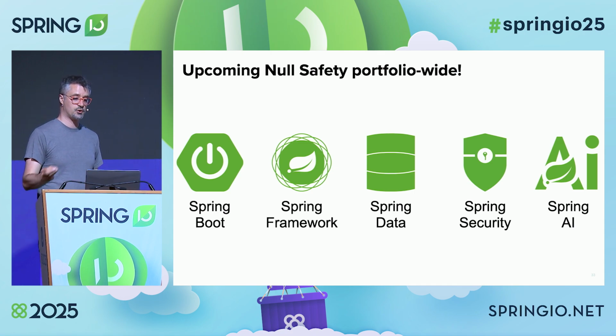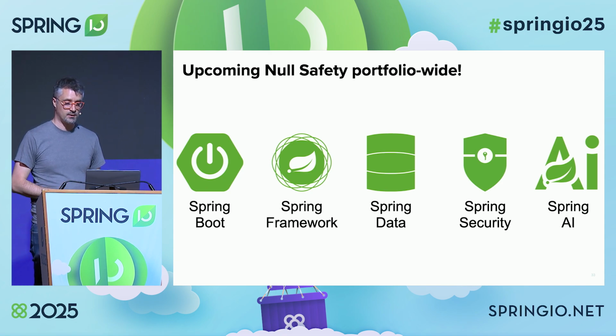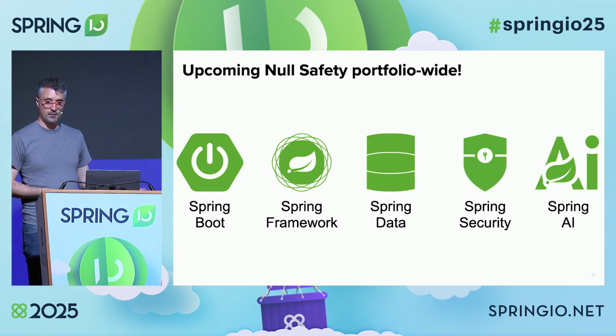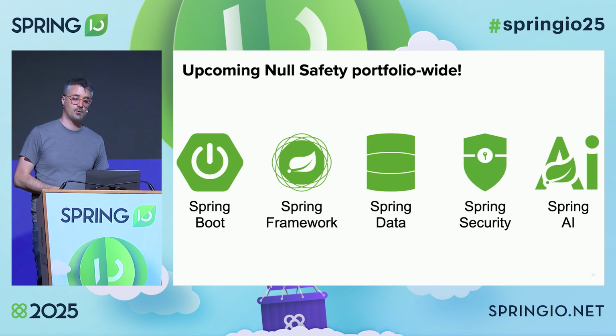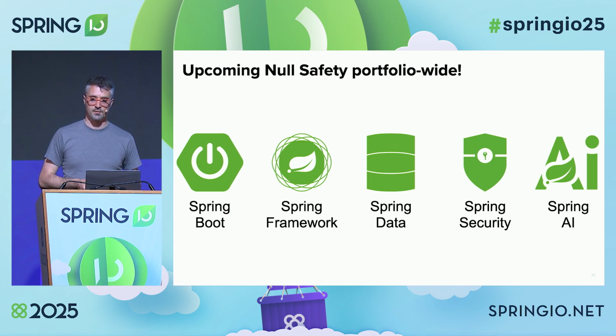That means that it's not just Spring Framework and Spring Data that basically did that initially in the current generation with JSR 305. Spring Framework and Spring Data are migrating to JSpecify, but also Spring Boot, Spring Security, Spring AI, and other projects are going to introduce JSpecify annotations to provide Spring APIs null-safe everywhere.